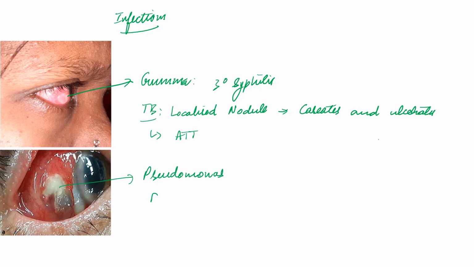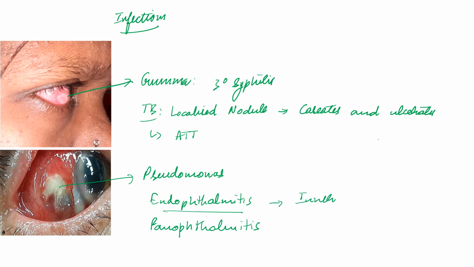Remember, there are two entities. One is endophthalmitis and the other is panophthalmitis. Endophthalmitis is infection and inflammation of the inner coats of the eyeball. So, in endophthalmitis, sclera is not involved.